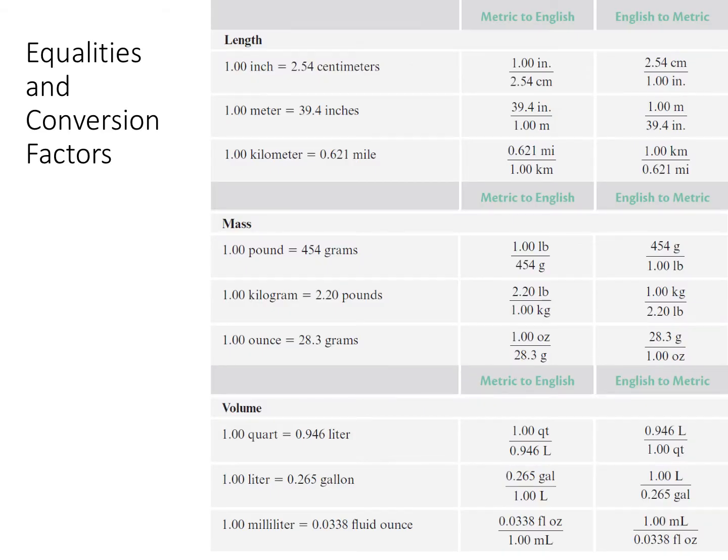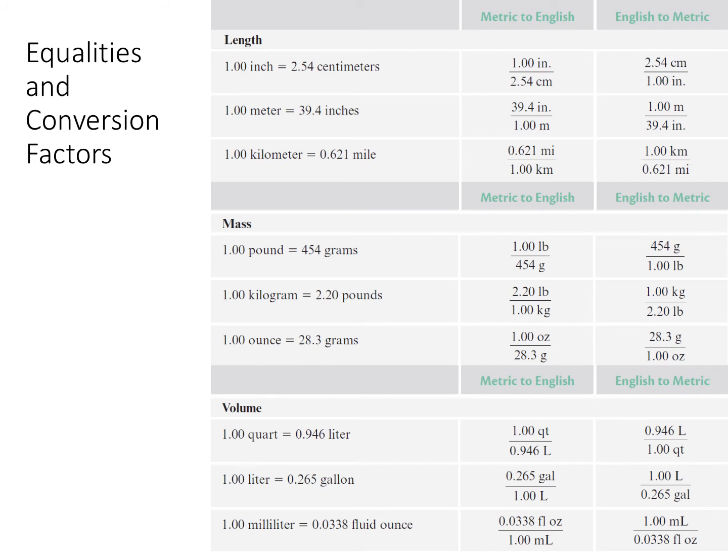Here are some of the common equivalencies and conversion factors that we might use throughout this course. There are plenty of others out there. This is just a brief table that shows some of the relationships between the metric system and the English system that we're used to. The left-hand column has the equivalencies, or equalities, as this slide calls them, where you're saying one thing equals another.